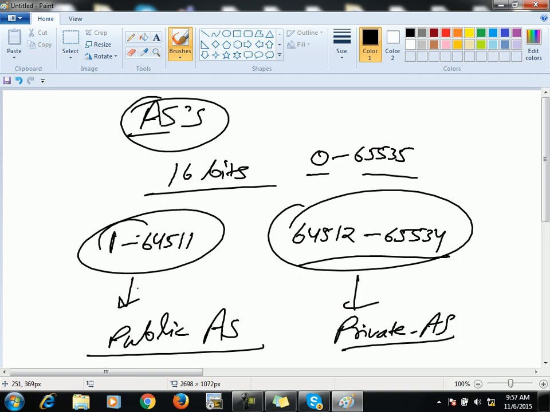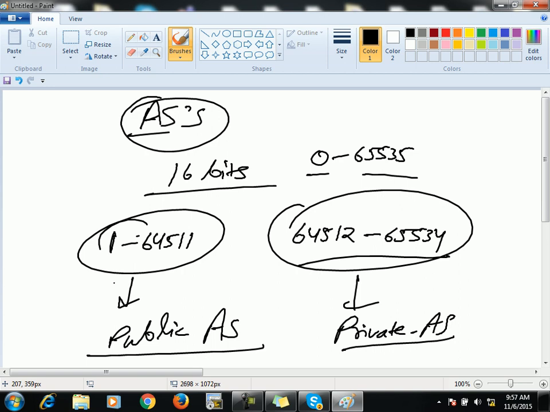So the difference between public and private AS is the same as between public and private IP addresses. In the global routing table, prefixes with private AS will not be allowed. The internet will never allow prefixes with private ASs. However, your provider, for example, if I have taken a connection from Airtel, then of course Airtel has to accept my prefixes with private AS.